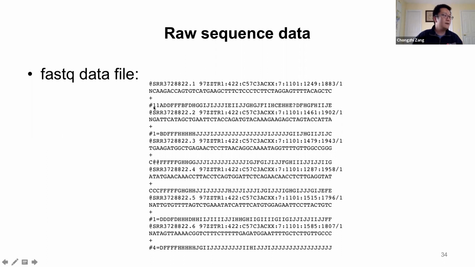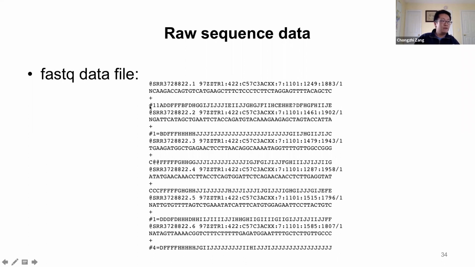Each sequence read is represented by 4 lines in the FASTQ file. The first and third lines are just an identifier or name of the sequence, which doesn't mean much in the analysis. The second line is the actual sequence of the read, where A, T, G, C, and N mean undetermined.